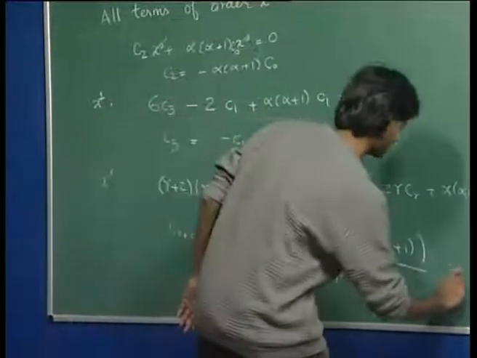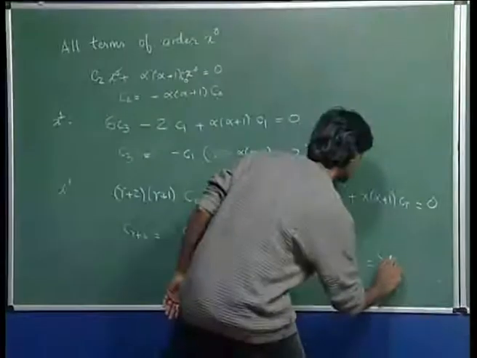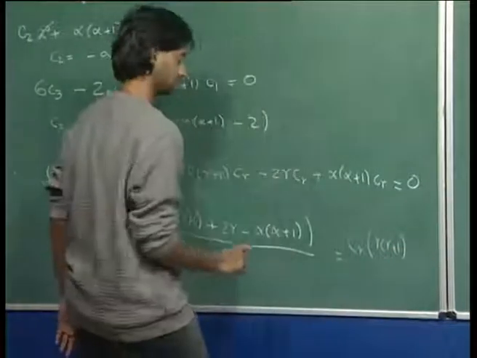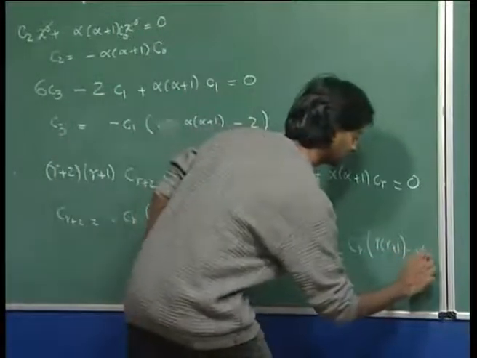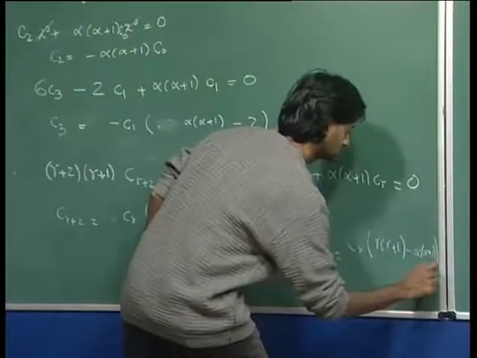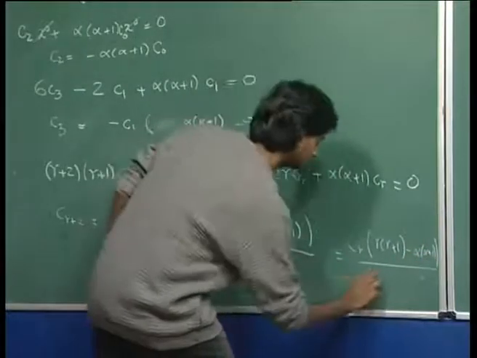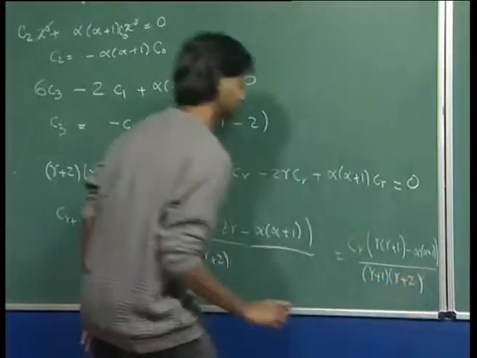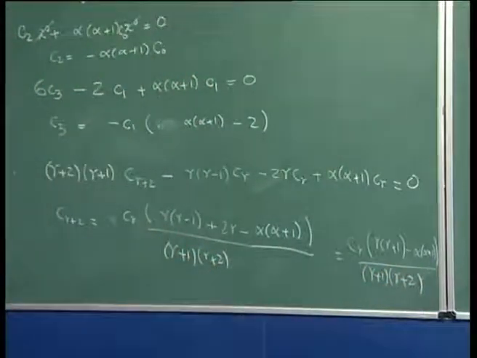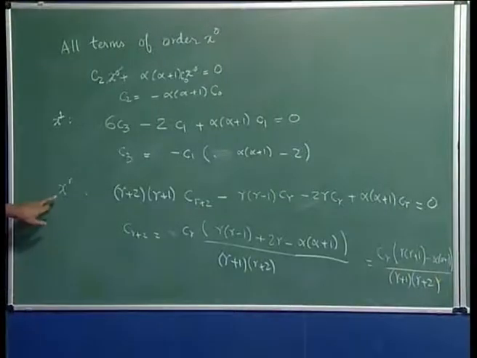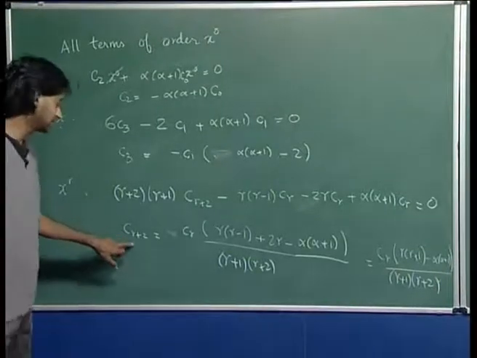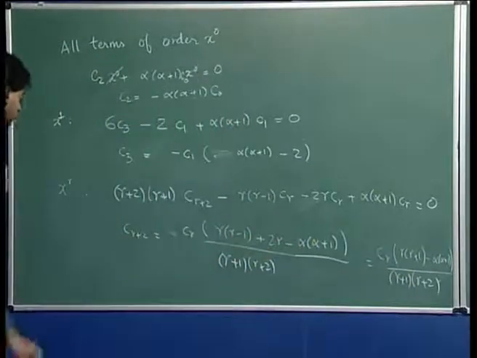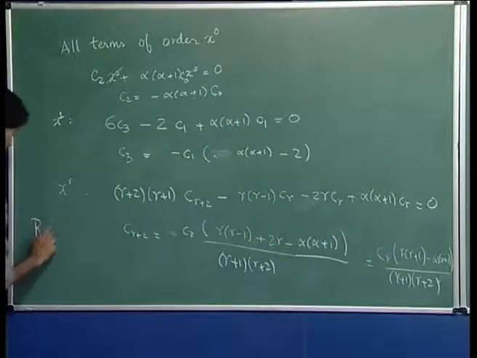So, I can write this as r plus 1 minus alpha plus 1, divided by r plus 1, r plus 2. Okay. So, notice that we got a relation between C r and C r plus 2. Such a relation is called a recursion relation.